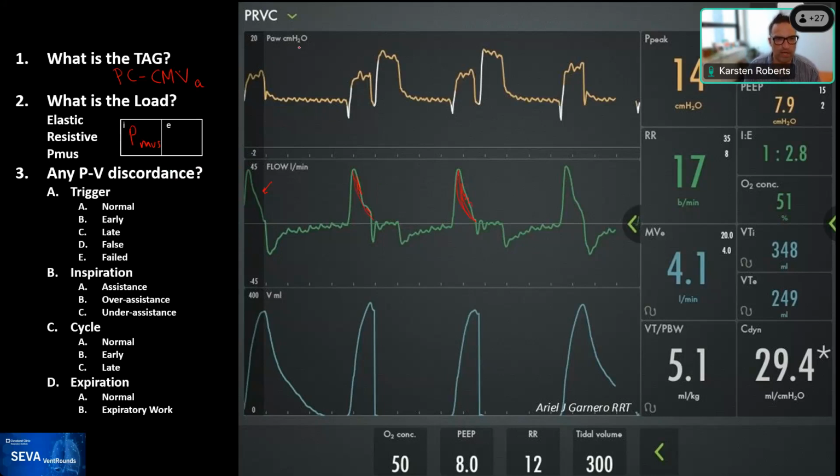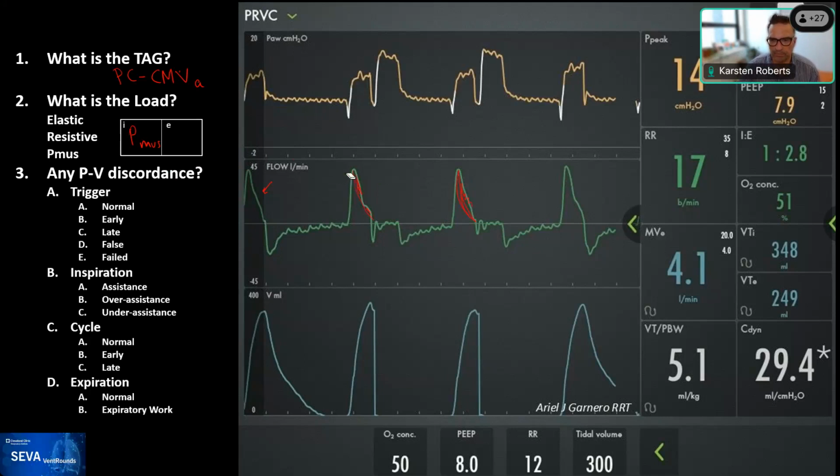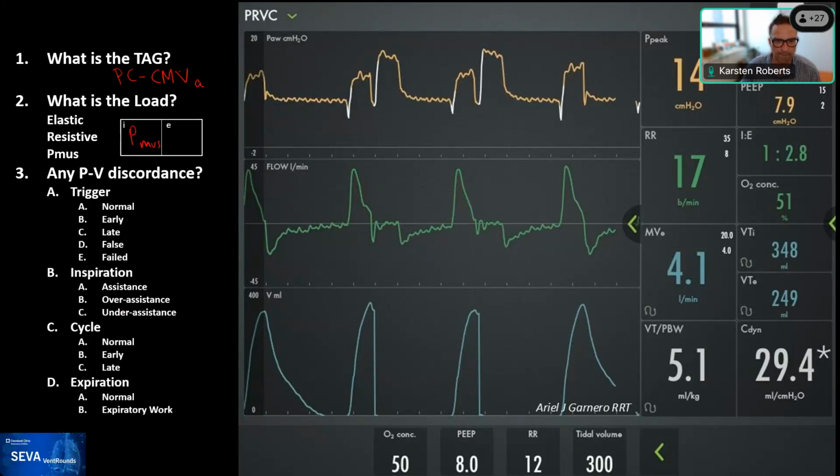I think that this is where this particular waveform gets a little bit tricky. And as Rob is pointing out in the chat, the tag can be found in the ventilator mode map for this particular ventilator. So we have 1 vote for a resistive load.